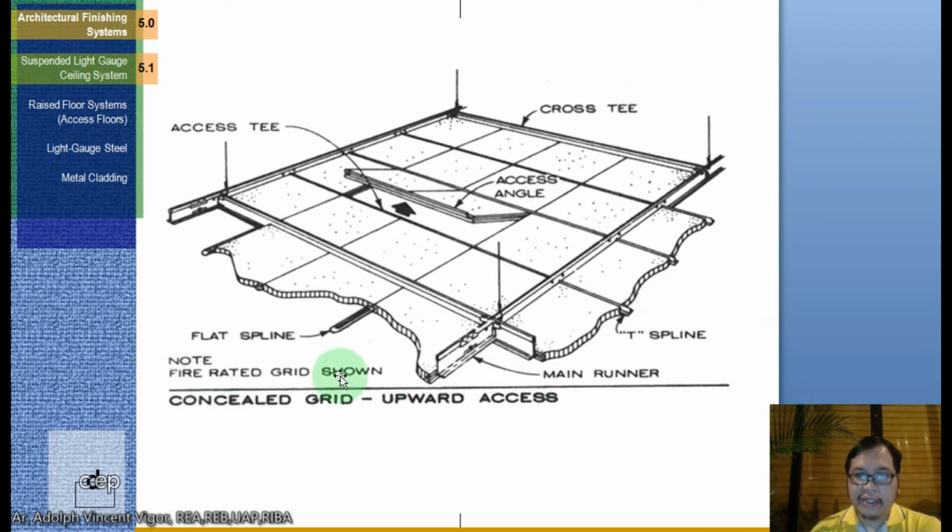So here, in the lightweight ceiling system, you can see that there's an access angle. Okay. So it's important, class, that when you design your ceilings, there should be a manhole for access in case you need to maintain something within the plenum.